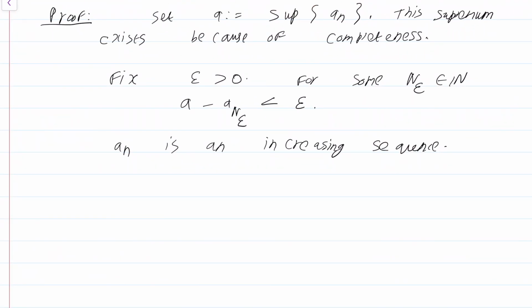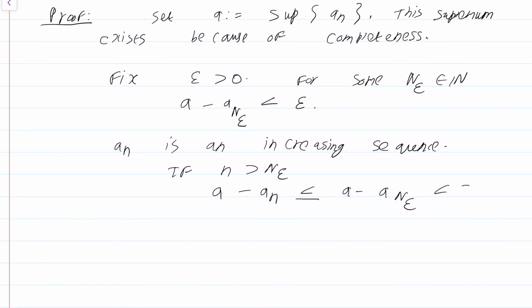That will tell us that if n is greater than n_epsilon, A minus a_n will be less than or equal to A minus a_n_epsilon, because a_n is an increasing sequence. To be 100% precise, I must write less than or equal to, because it could be the case that the sequence becomes constant after a while.